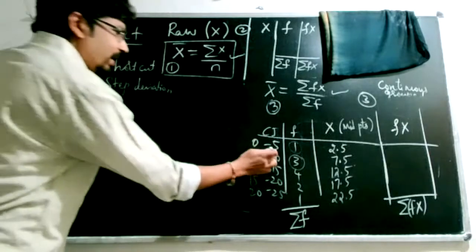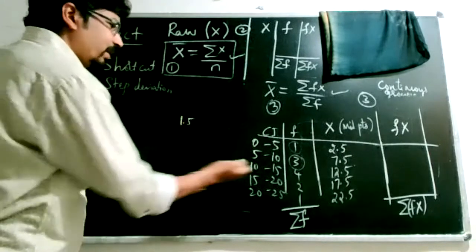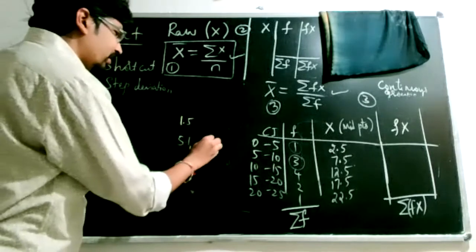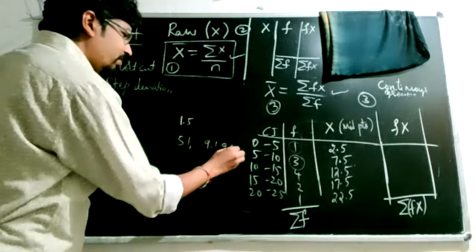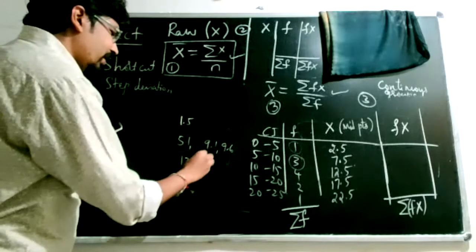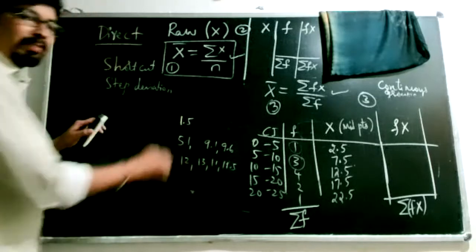So instead of, say, the number in between 0 to 5, maybe 1.5. The values which are in between 5 and 10 are 5.1, 9.1, and 9.6. The numbers in between 10 and 15 are maybe 12, 13, 11, and 11.5. So this could be my data.